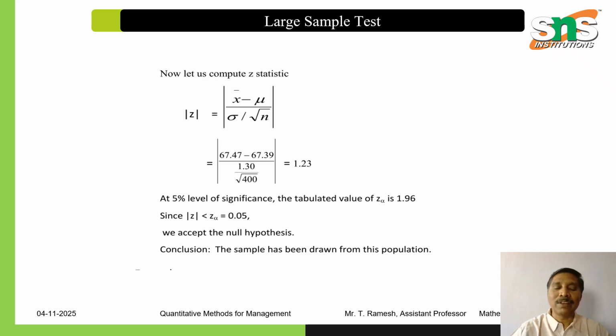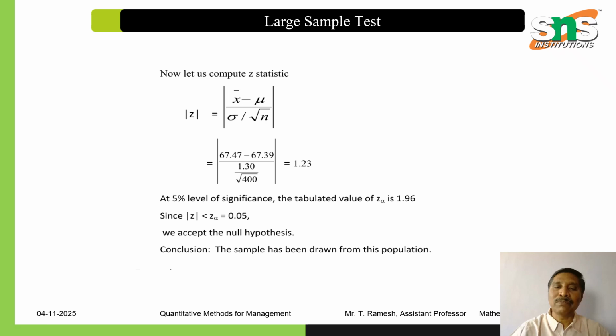We substitute all the values: x bar, the sample mean, is 67.47, and the population mean mu is 67.39, divided by the population standard deviation 1.30 and the number of data 400, that is root 400. After reducing we get 1.23.